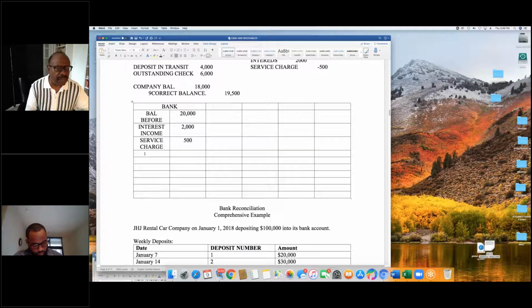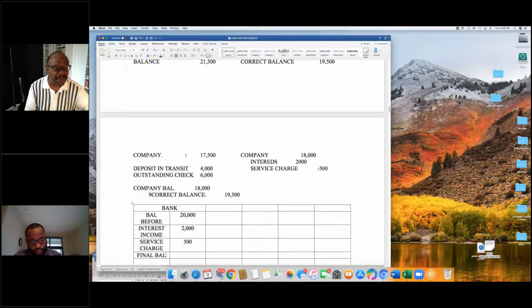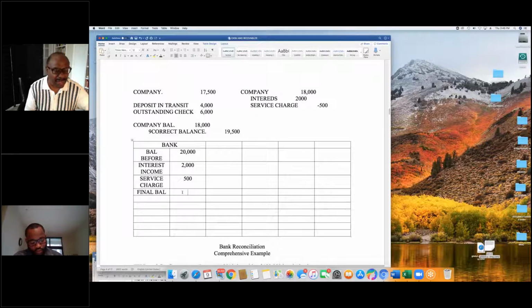And so the final balance that came out on the bank statement was how much? 21,500, correct? Does everyone see that?